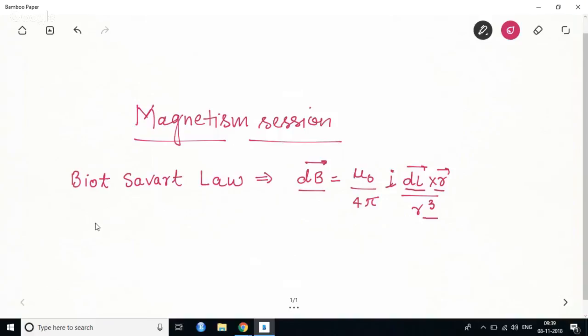Second, I told you that when you take a current carrying conductor of a certain length, and if that is a straight wire, suppose I have a straight wire and this is a point.